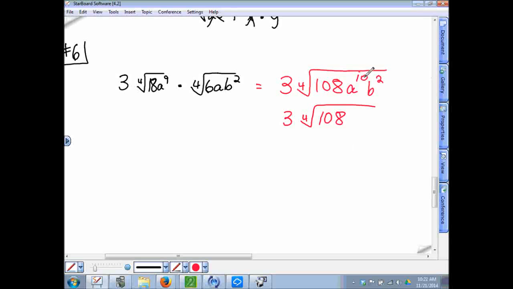So the 108 doesn't do anything, but what about a to the 10th? 10 is not divisible by 4. We want it to be divisible by 4. The next smallest number before 10 is 8. So we're going to change that into a to the 8th times a squared times b squared.